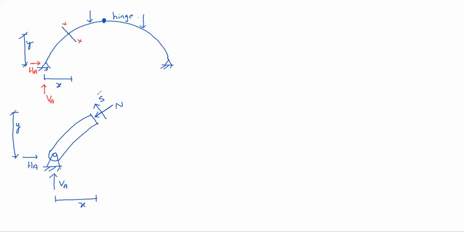These are important. Suppose this is N, the axial force, and this is S, the shearing force. After finding the reactions, how to find the axial force N and shear force S at any section X is important. Of course, bending moment you can find anyway. Apart from bending moment, in these structures the normal force perpendicular to the cross section and the shear force along the cross section are important. How to find this, we'll see.